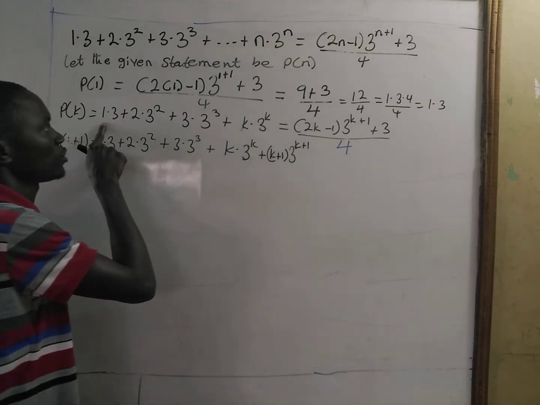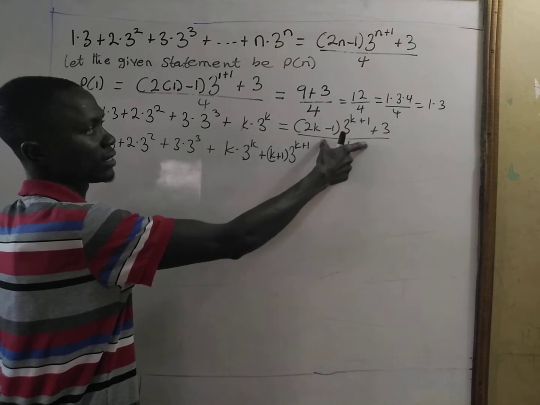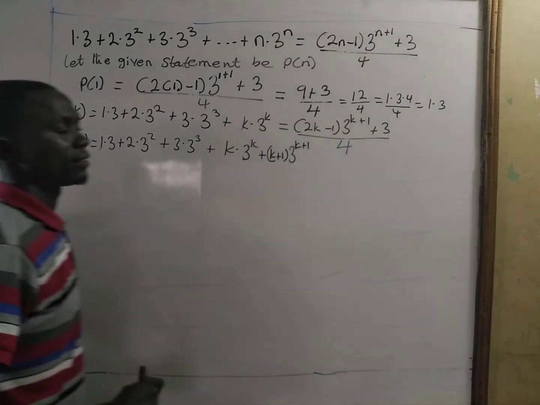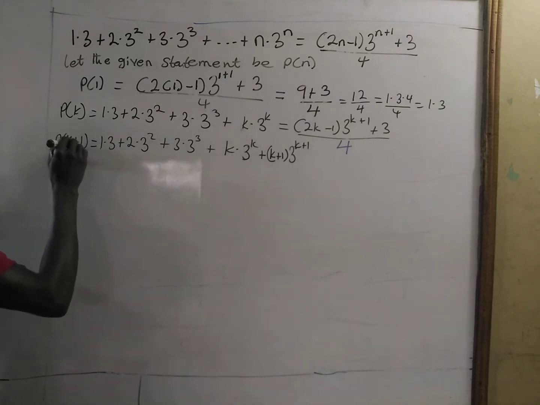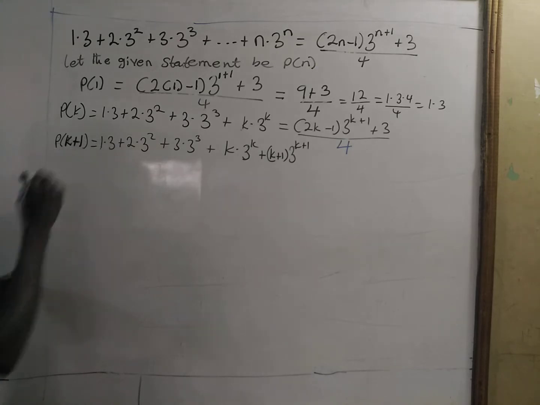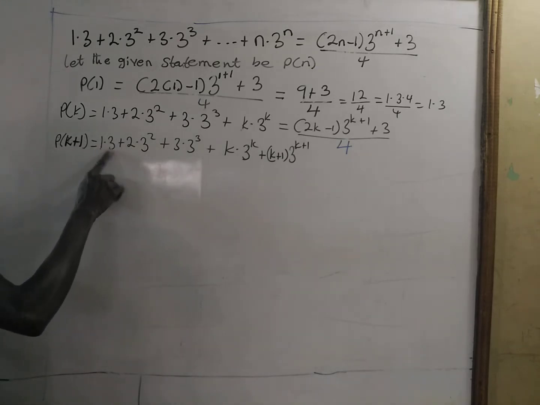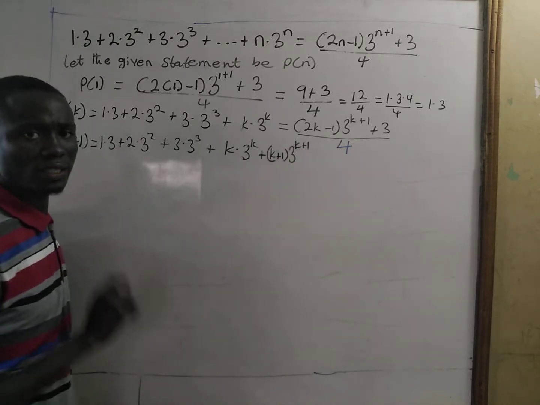And if we sum from 1 times 3 up to k times 3 to the power k, you will get this. That is substituting k here. Now we also prove that Pk plus 1 is true. So we sum from 1 times 3 up to k plus 1 times 3 to the power k plus 1.